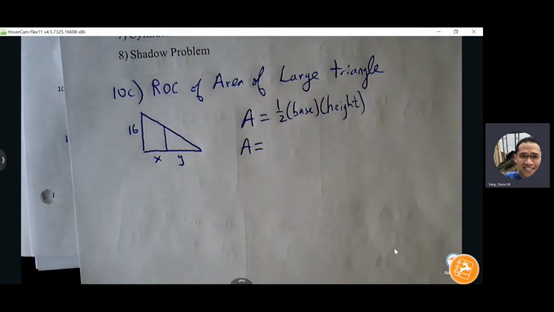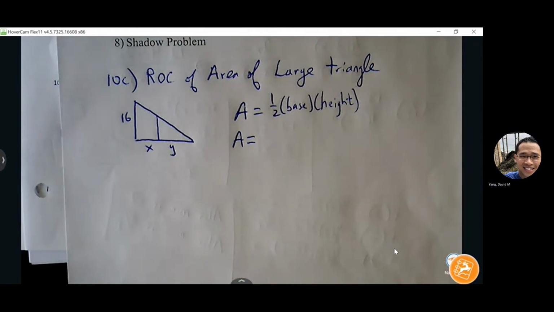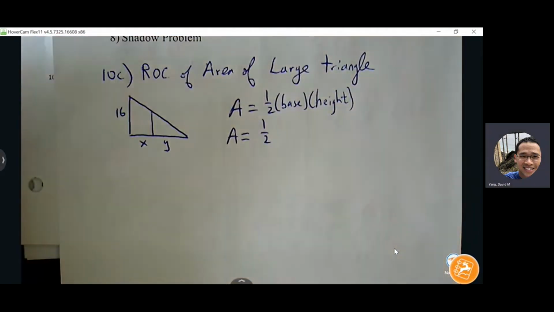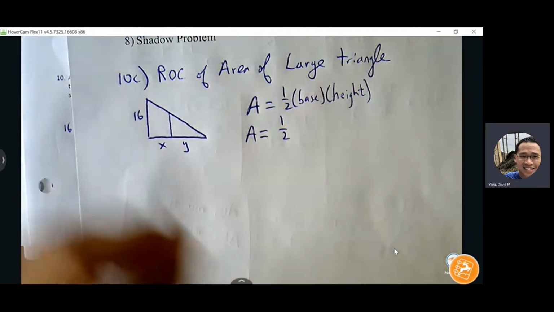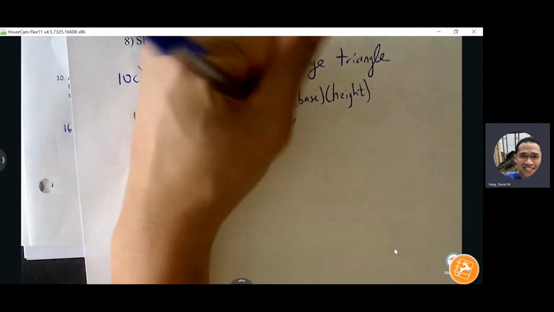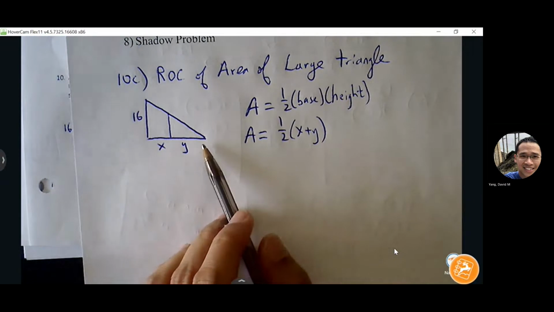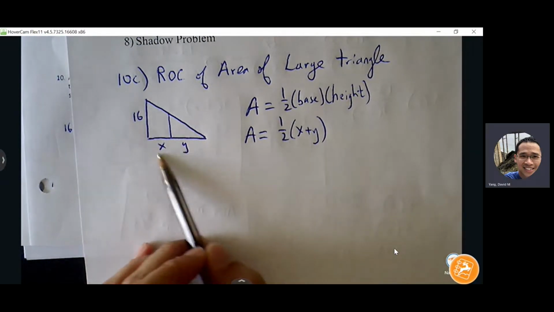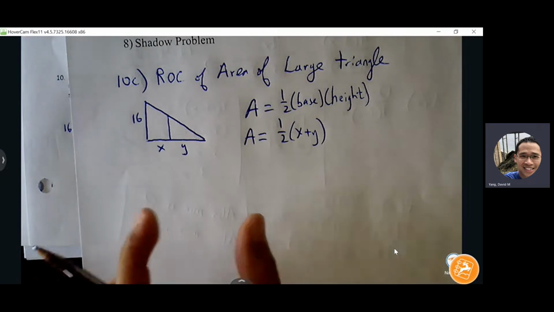How would you establish that based off of what we have in front of us? 1/2. 16 is the height. What's the base? X plus Y. It's not X times Y. What do you think a lot of students want to do here? X times Y. It feels natural, right? But it's X plus Y. We want the length, we don't want the product.